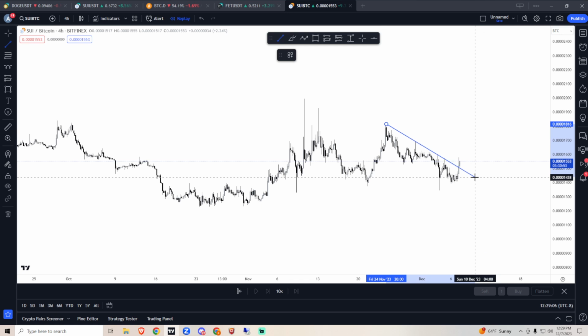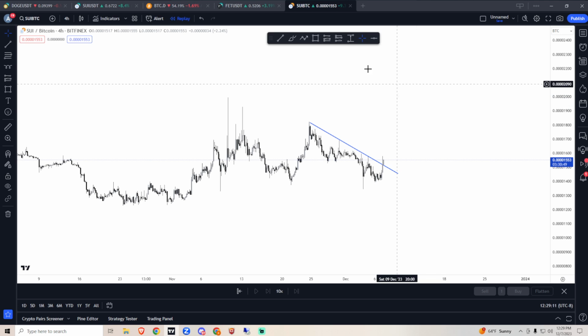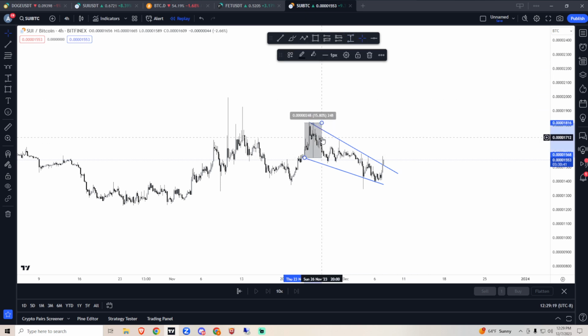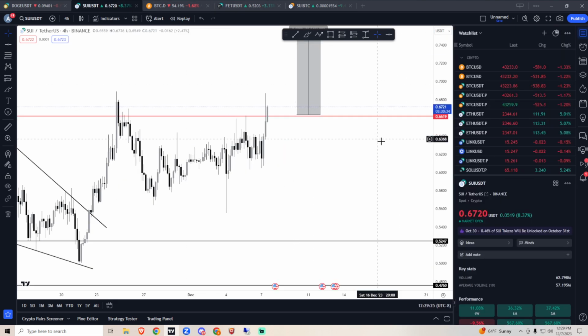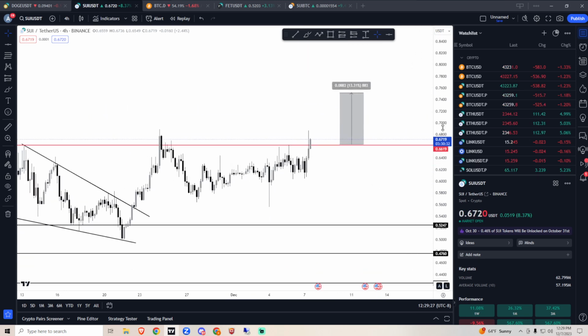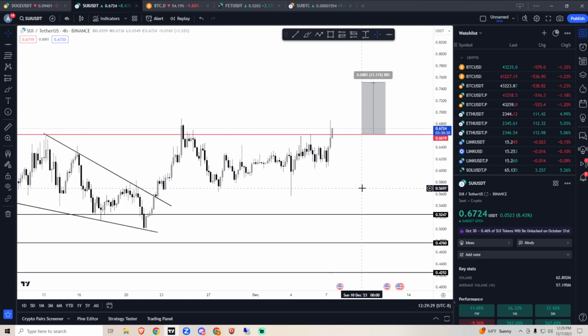We have a falling wedge that actually just broke out. Okay. Target, 16% move, right? Would translate into about probably 73, 74 cents here.